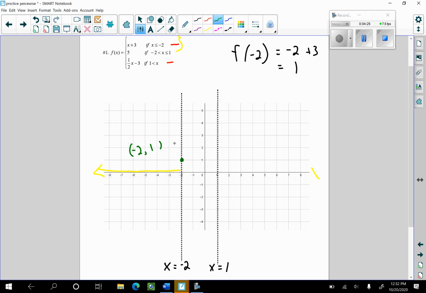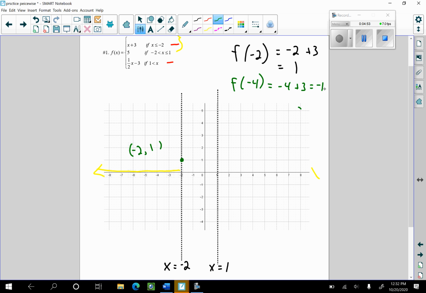Now I want another x value less than -2. Let's just get crazy and go -4. So I want to find f of -4. Is -4 less than -2? Yes, it is. So if I put -4 into this top piece, this is going to be -4 plus 3. -4 plus 3 is -1.